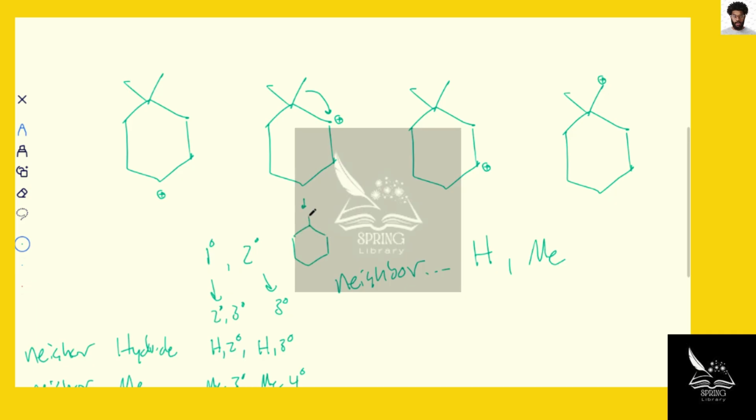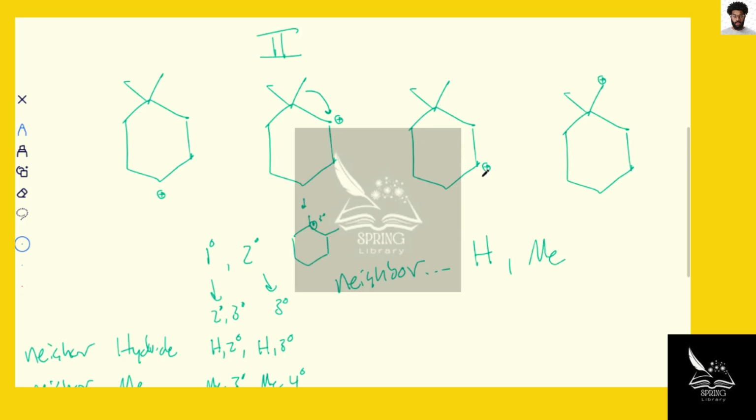Remember, the methyl and the carbocation will basically just swap places. So our carbocation will be here and our methyl will be here. And lo and behold, that would be a tertiary carbocation, right? Three carbons attached. So this would be a useful carbocation rearrangement.